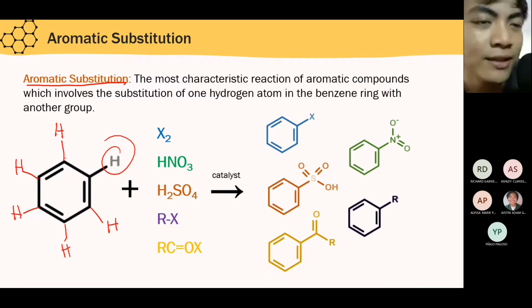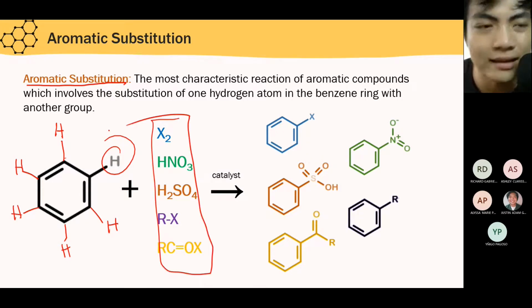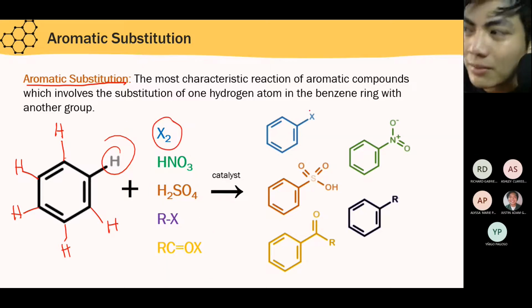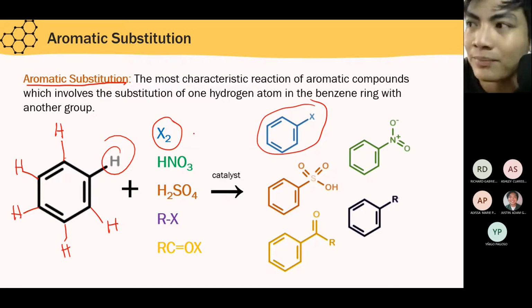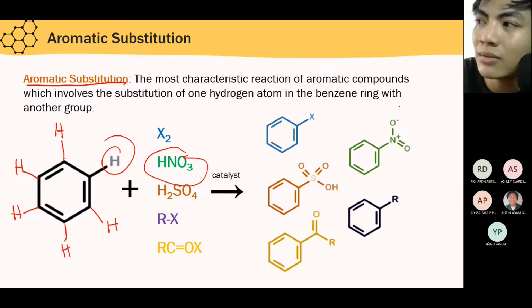So instead of addition, ang gagawin na lang natin ay substitution, wherein yung hydrogens papalitan natin ng ibang group of atoms. And saan manggagaling yung group of atoms na yon? I-discuss natin yan lahat. Dito tayo kukuha ng mga pwede ikabit sa benzene. Kapag halogen yung kinabit mo, you can have a halogen derivative ng benzene. Kunwari, nitric acid yung dinagdag mo, you can have a nitrobenzene.